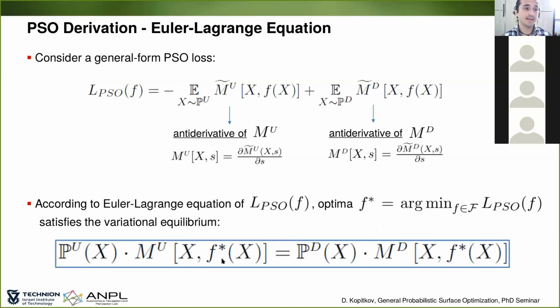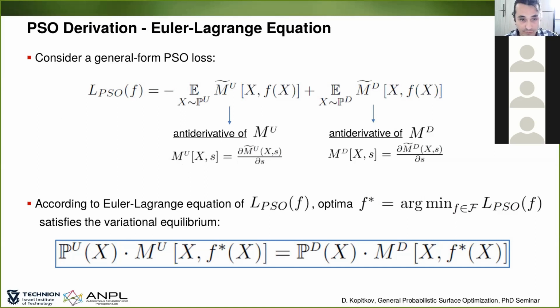All right, so let's next derive this framework in a simple way. Define the PSO loss as follows. We have now a new functional that is defined over functions, and it has this shape here. Again, we see two expected values over Pu and over Pd, with signs minus and plus, and now we have two other functions, mu tilde and md tilde, which are antiderivatives of our previously chosen magnitude functions.